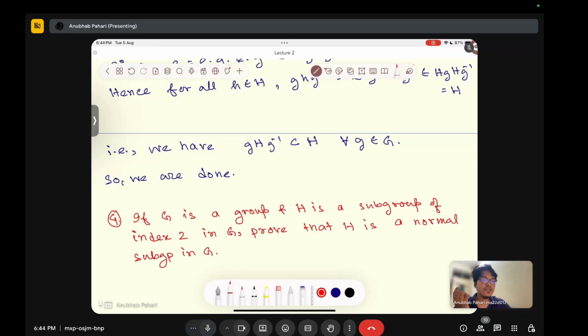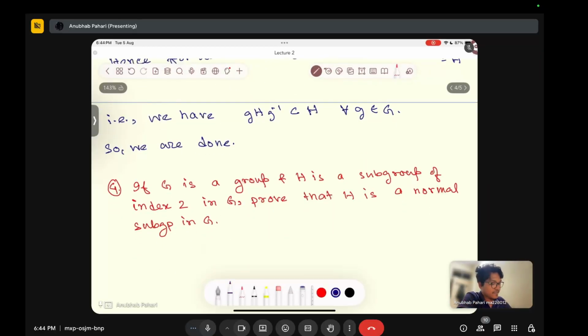Sir, two right cosets are either disjoint or they are equal. This is true. So here we see that E belongs to Hg inverse, and E also belongs to H. So Hg inverse must be equal to H, and that means H is normal. No, sir, I am talking about the previous question, the third one.